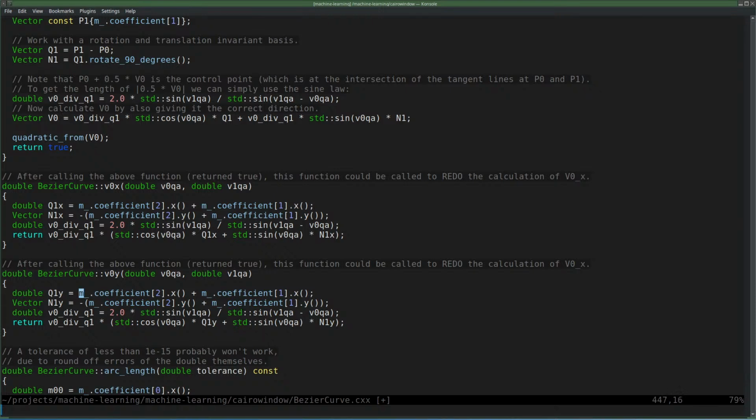So the y coordinate was, well, the y coordinate. And the y coordinate of the normal is the x coordinate. So that's plus the x coordinate of q.